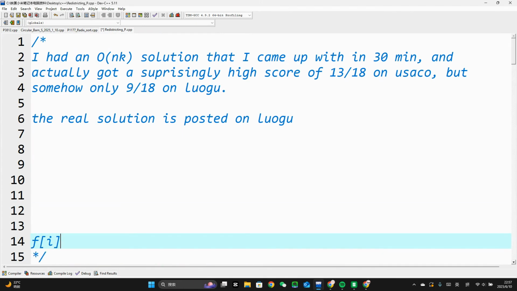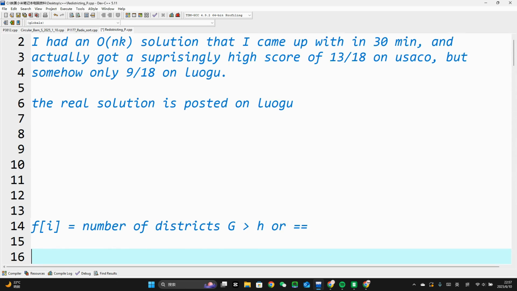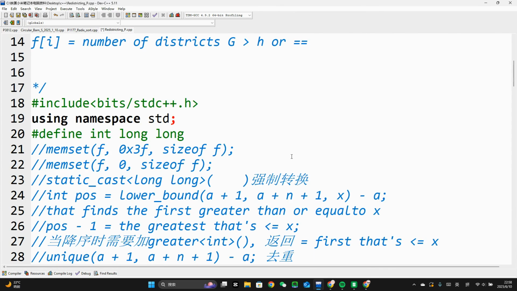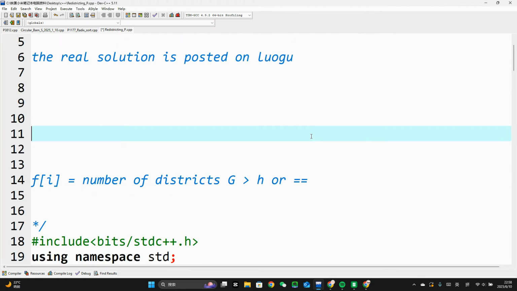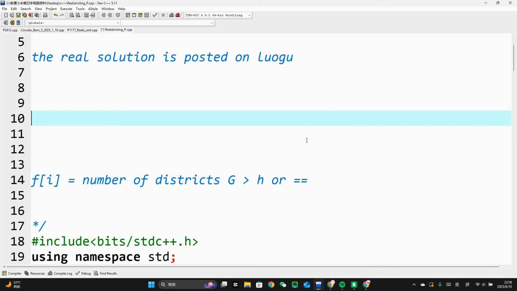And this will result in a DP state transfer time complexity that is obviously too big, because you need to enumerate where you last redistricted.